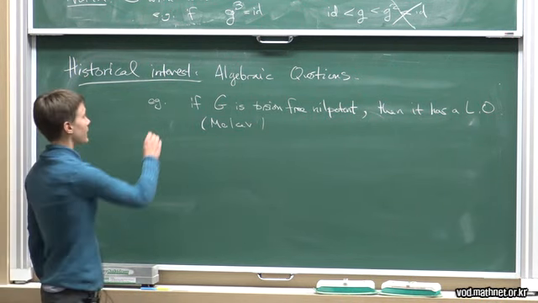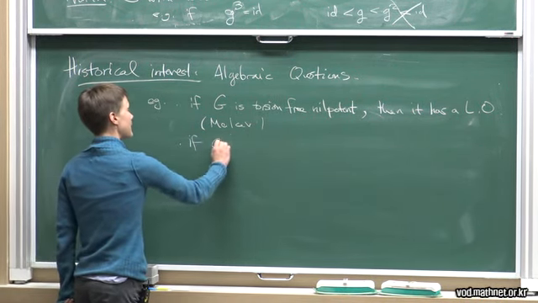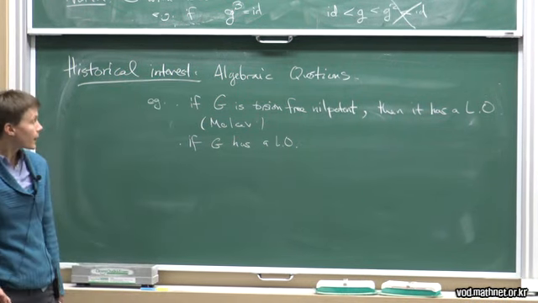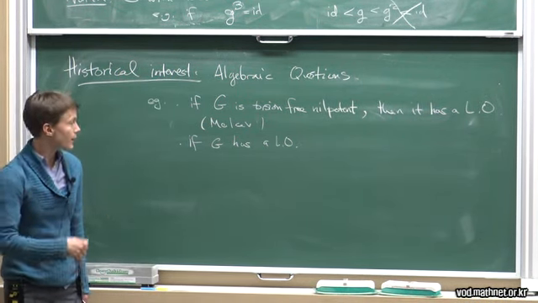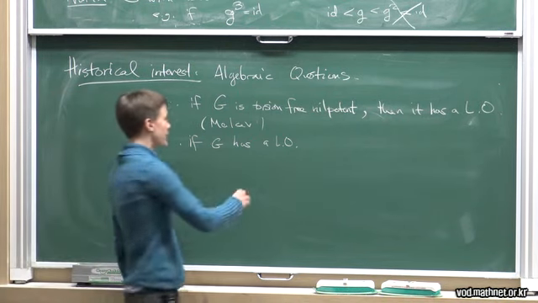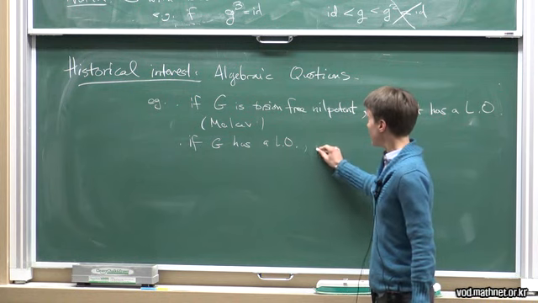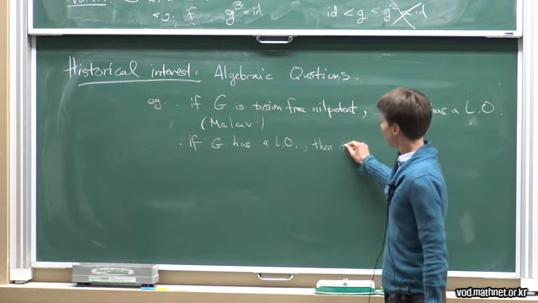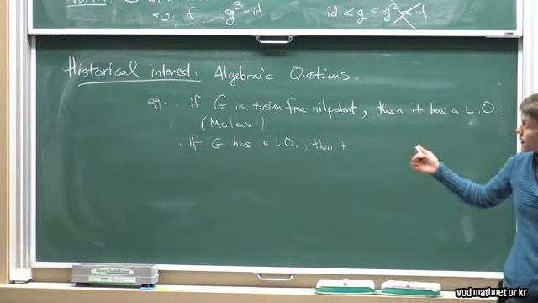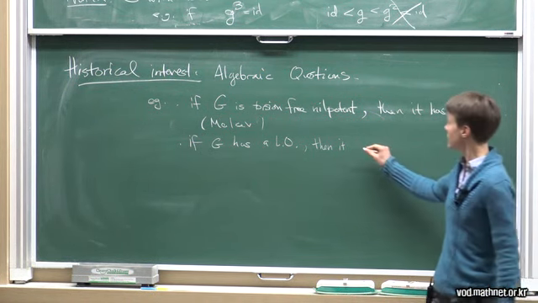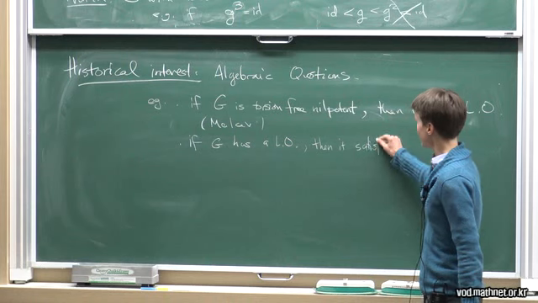Or in the other direction, if G has a left invariant linear order, then this extra structure lets you prove some things about the group. These are all examples of groups that satisfy a still open question, the zero divisor conjecture of Kaplansky.